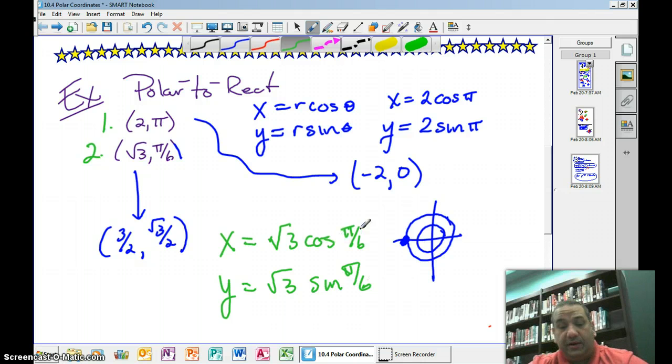The cosine of pi over 6 is square root of 3 over 2, so square root of 3 over 2 times the square root of 3 is just 3 over 2. The sine of pi over 6 is 1/2, and therefore you get square root of 3 over 2. Remember, this guy is 1/2. This is where trig is going to come in big here, folks.